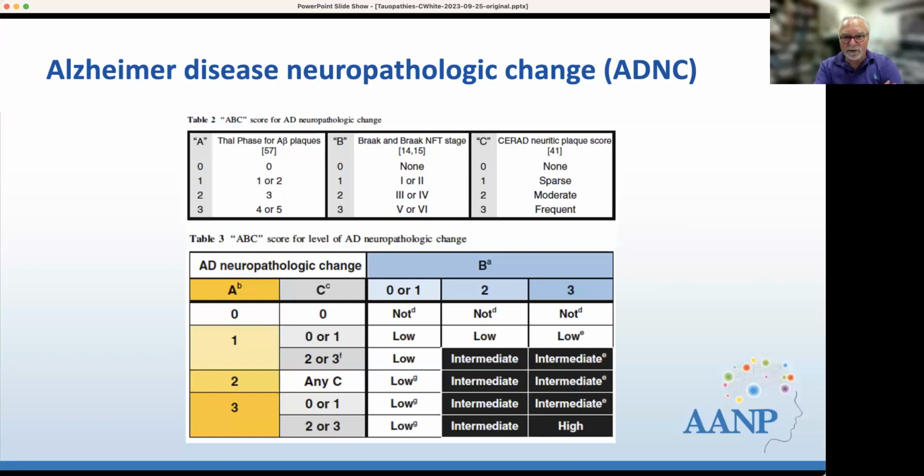The B score is the Braak stage of neurofibrillary tangle formation. And the C score is the density of neuritic plaques according to the previously published CERAD criteria for plaque density on a semi-quantitative basis. And then you jump down to table 3, and this is where you plug in the ABC score to decide whether a given case has none, low, intermediate, or high levels of Alzheimer's disease neuropathologic change.